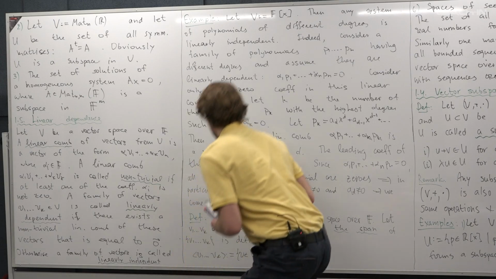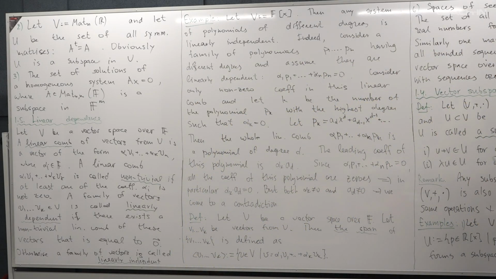So this is the space of all linear combinations of these vectors.